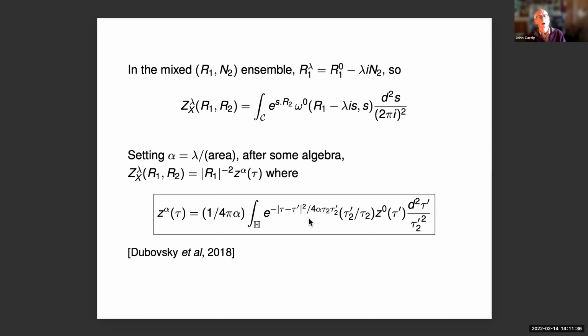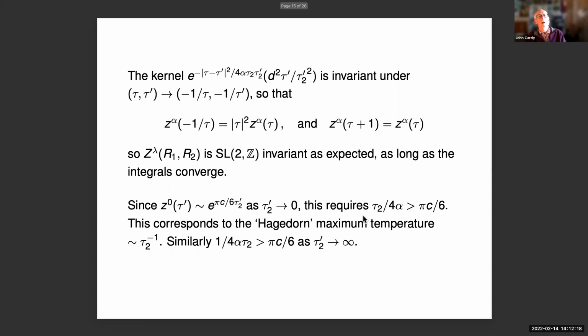Also, the main characteristic here is that the deformed quantity, which happens to be a modular form of weight 2, is given by a kernel here, which is essentially something like a Selberg kernel in the upper half plane, integrated over the upper half plane with the invariant measure here, with some interesting factors here, which actually then ensure that the deformed partition function is in fact modular invariant.